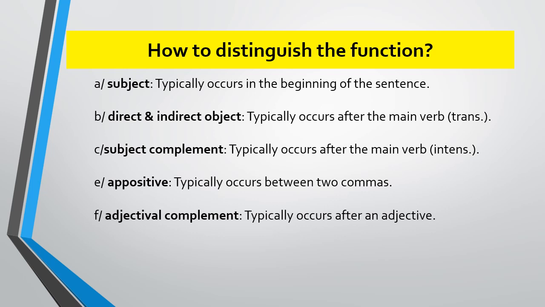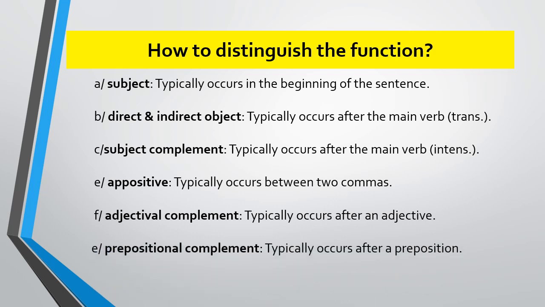Adjectival complement typically occurs after an adjective. ودائما الadjectives اللي تكون موجودة هنا بالكتب أو بالجمل اللي تلقوها أكثرها الadjectives certain, sure, glad, happy, etc. بس هذا مو يعني إنه فقط هاي الadjectives. أكو كثير من الadjectives لكن هاي أكثر ورودا. Prepositional complement typically occurs after a preposition. This is very easy. من نشوف preposition ورا clause, وهاي clause I have underlined it for you. It is a prepositional complement.